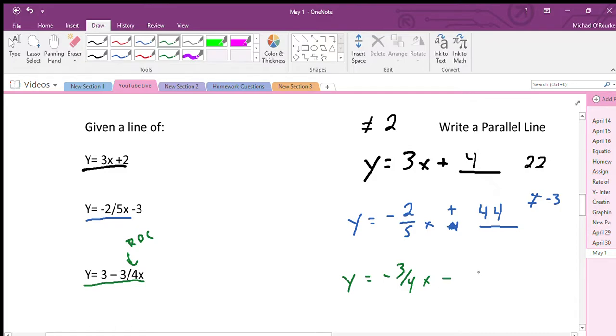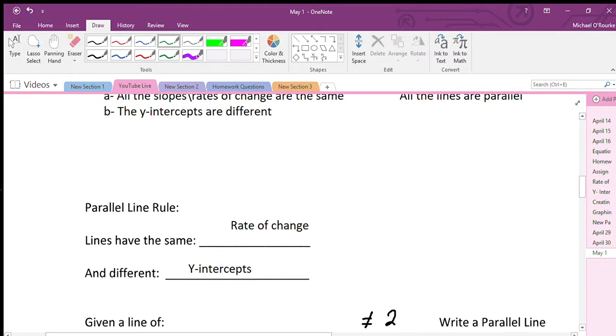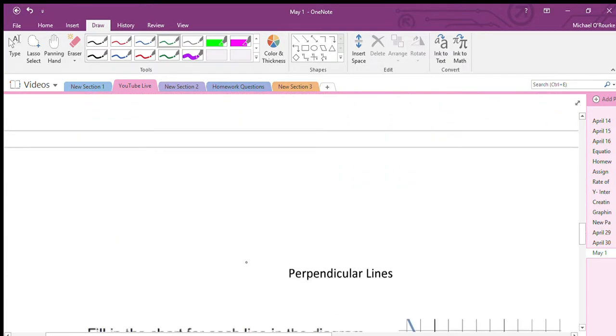And then I'm going to write minus 3 because the only thing it cannot equal is positive 3. So anything else. So just remember, parallel lines have the same rate of change slash slope and different y-intercepts. So that's parallel.